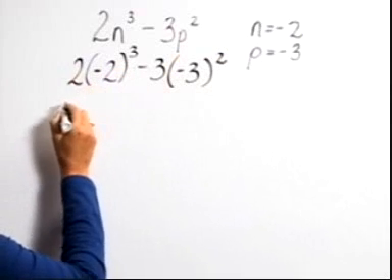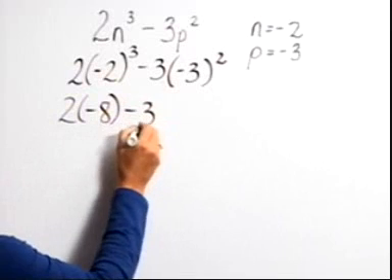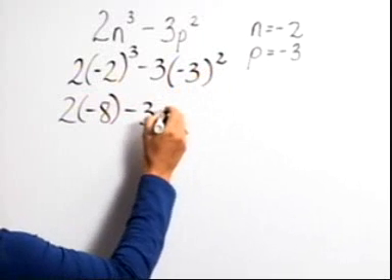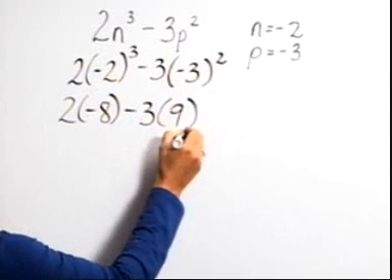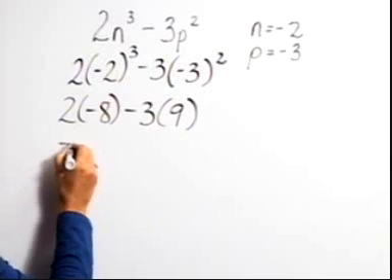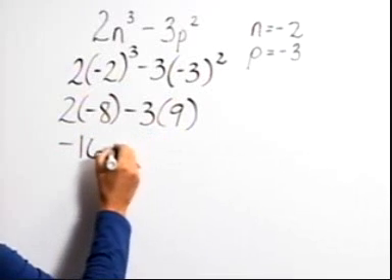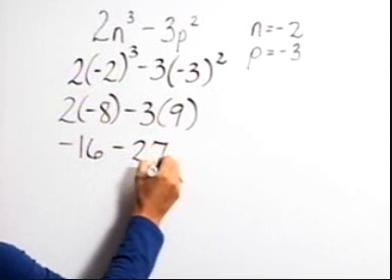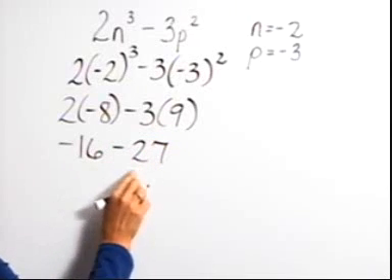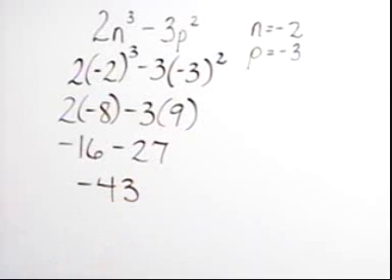Negative 2 to the third power is negative 8, and negative 3 to the second power is 9. Now use multiplication. 2 times negative 8 is negative 16, and negative 3 times 9 is negative 27. And finally, negative 16 minus 27 is negative 43.